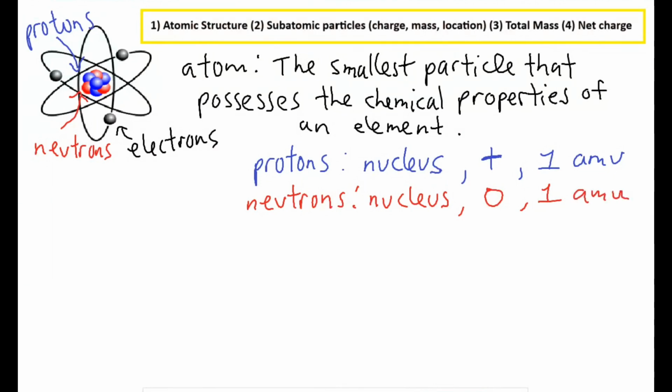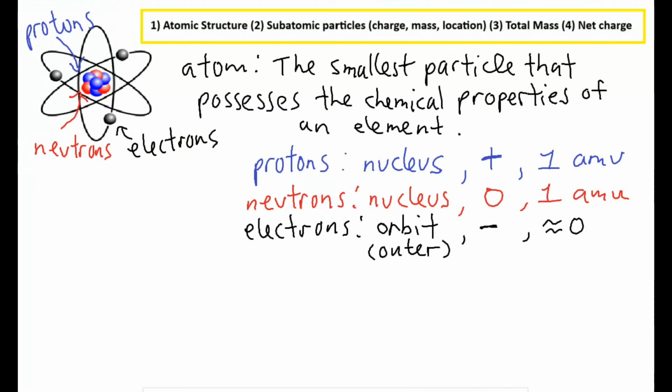Now, as for the electrons, as you can tell, are the outermost particle in the atom. These are in orbit around the outer part, which is sometimes known as the electron cloud, and it is negatively charged, and its mass is about 0 AMUs, which is actually 0.0005, but it's a negligible mass in most cases.